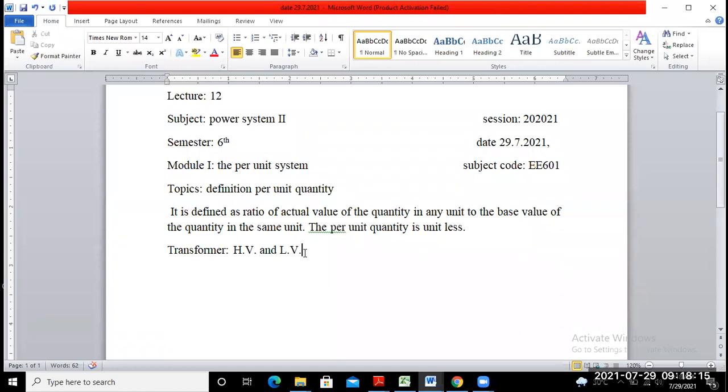If you want to convert the high voltage side parameters into per unit, as you know the winding consists of resistance and reactance, is it not? First of all, we choose the base value. We discuss the high voltage side of the winding.